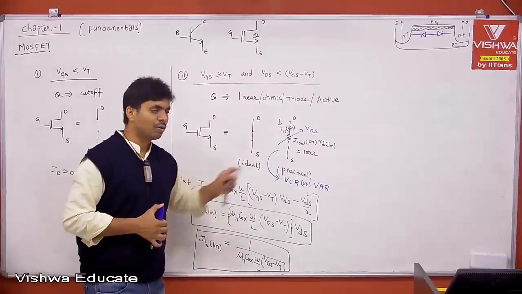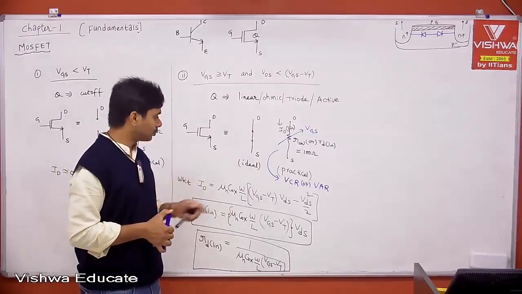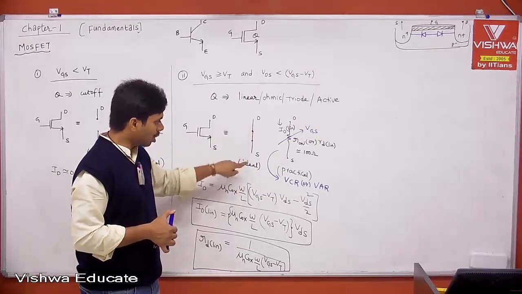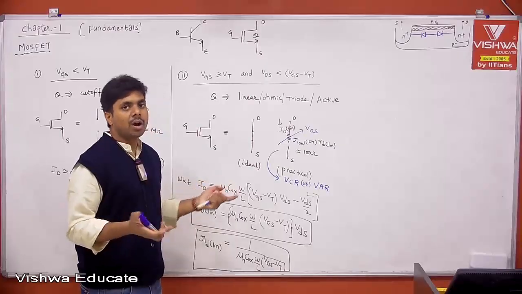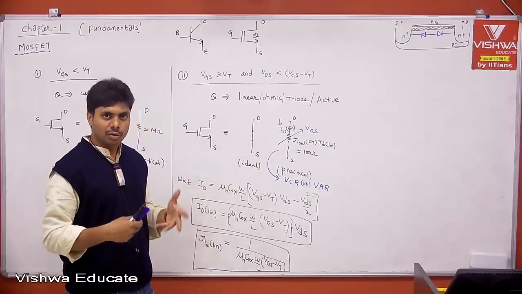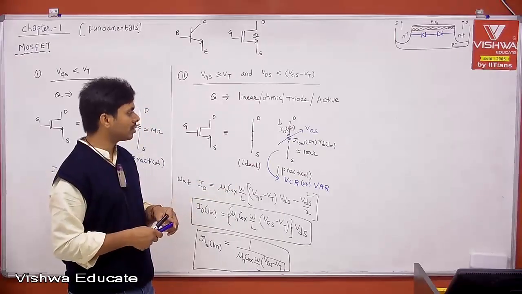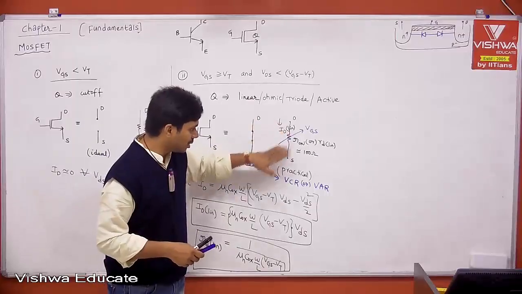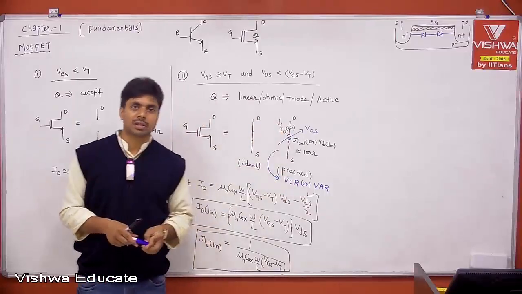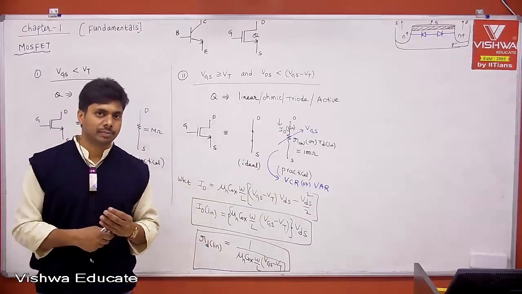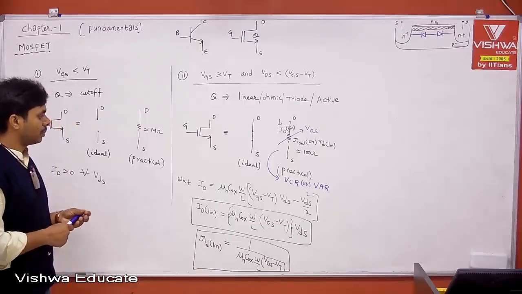That is the practical model. If you consider the ideal model, that is a short circuit, nothing. But it is not always the ideal model. If you go to practical circuit solving, then we have to consider this. Then that is your voltage controlled resistor or variable resistor.